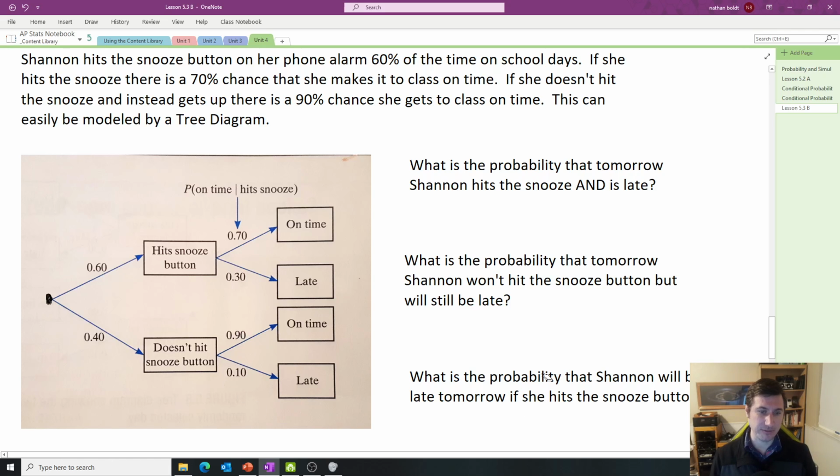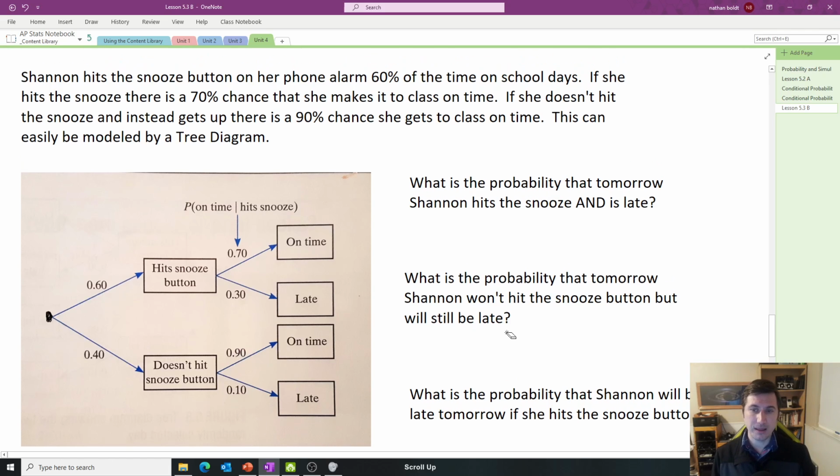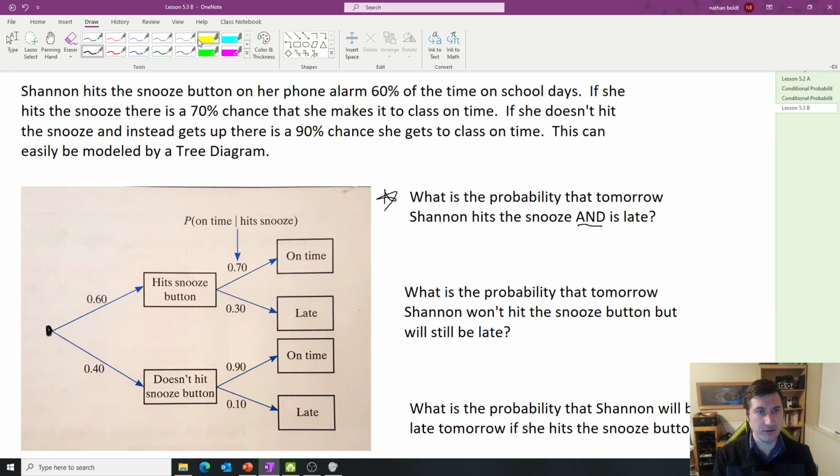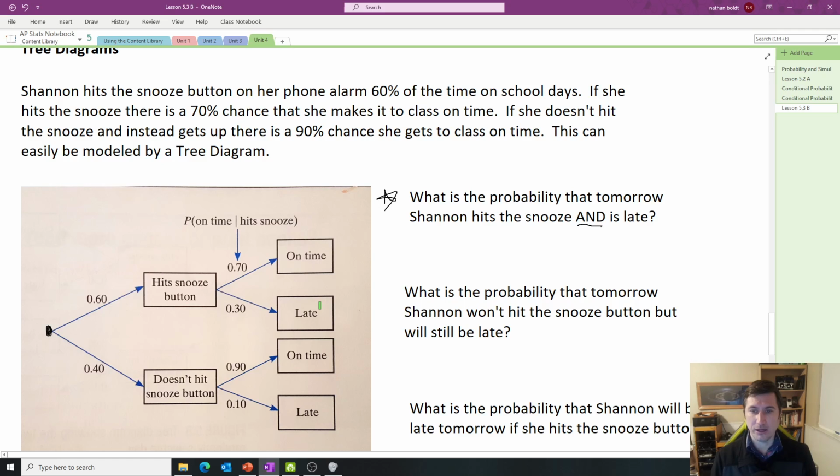So it's just sort of a flow map of all the probabilities and the events as they take place. But this organizes a lot of what we need to do, because now a question like this, right here: what is the probability that tomorrow, a random day, Shannon hits the snooze and is late? Well, what we can do is follow that on our tree diagram. She hits the snooze, so we're going this way, a 60% chance that'll happen, and is late.